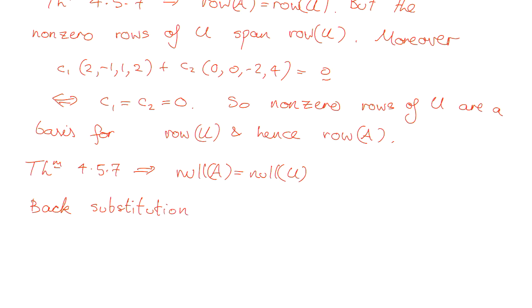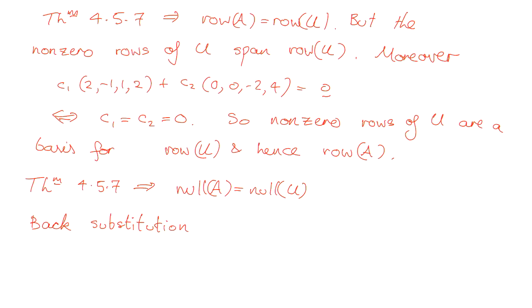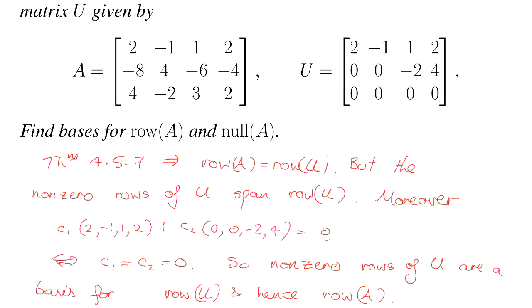Because if we want to understand the null space of U, we want to understand the set of all homogeneous solutions for U. So we want to solve the equation Ux equals 0. U's already in echelon form, so you don't need to do any Gaussian elimination. So to get the general solution to U's homogeneous equation, you just do a bit of back substitution.